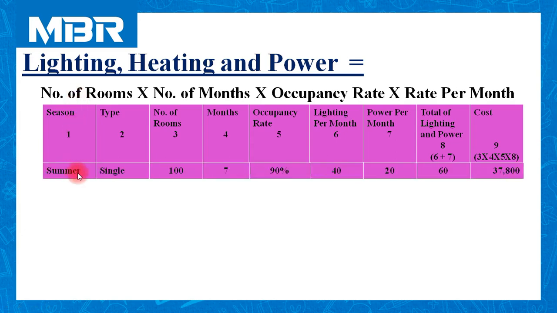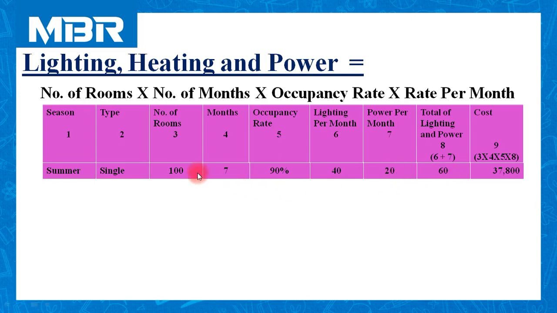Season summer, category of the room single, number of rooms 100, number of months 7, occupancy rate 90%, the cost of lighting is 40 and power rupees 20. So total cost of lighting and power, 40 plus 20, is equal to 60.